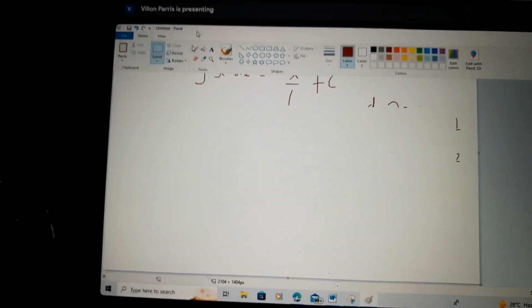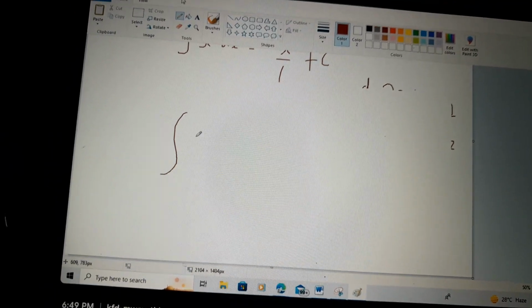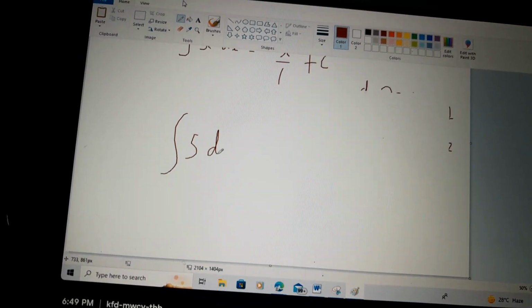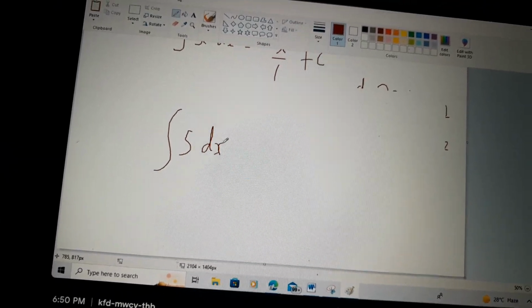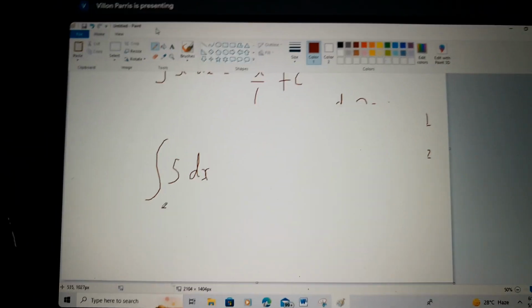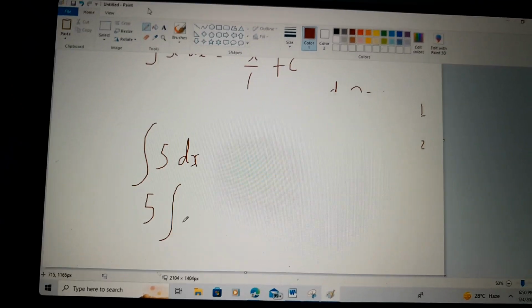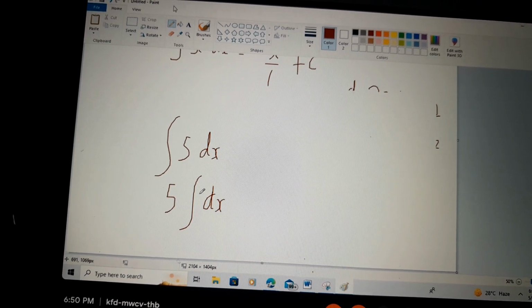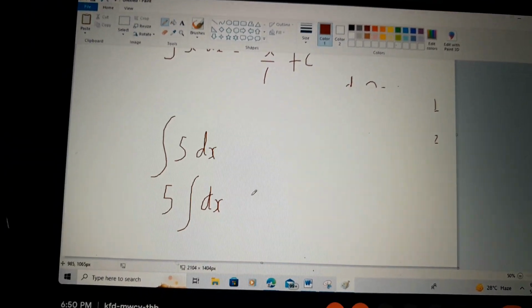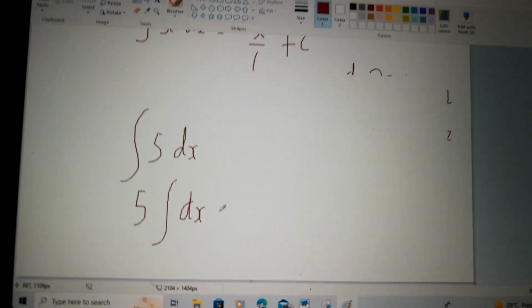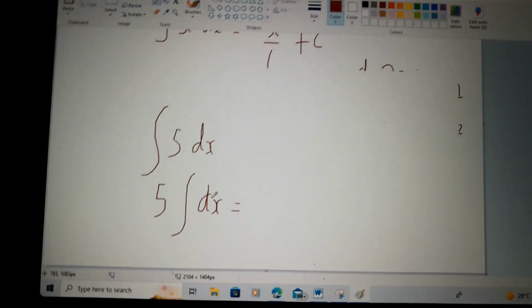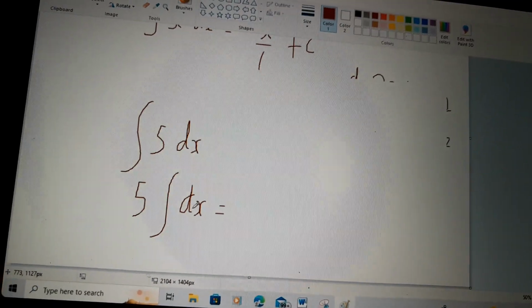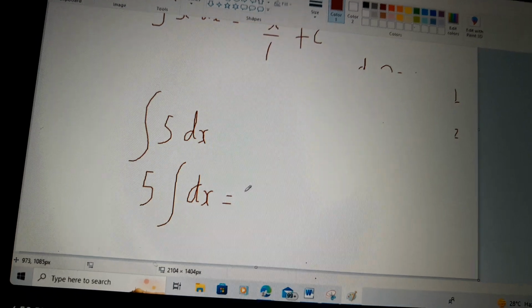So if I have the integral of 5 dx, that's the same as having 5 times the integral of dx. Please make a note of this. And the integral of dx is actually x. So it will be 5x.